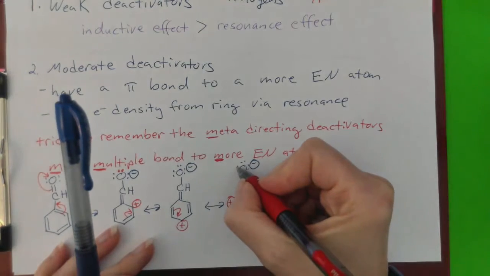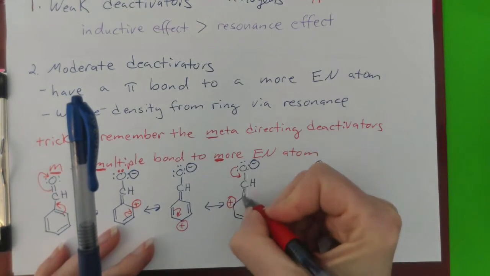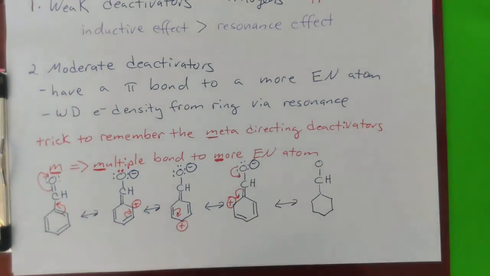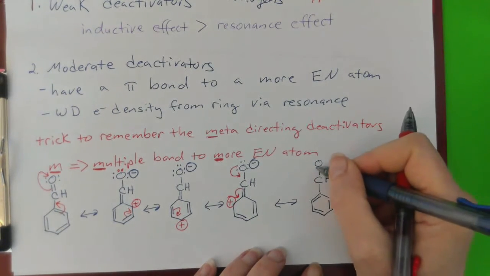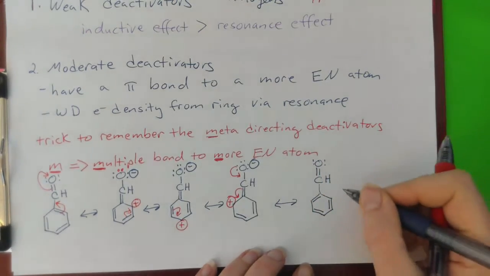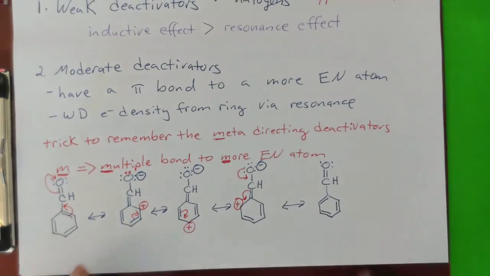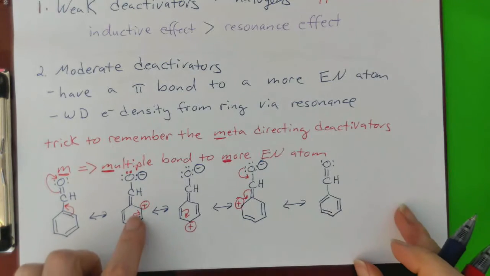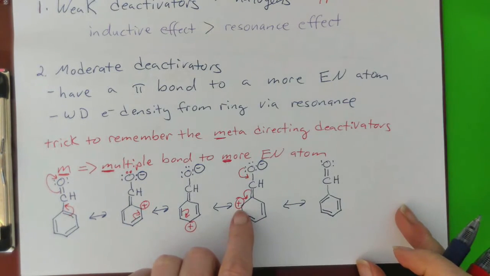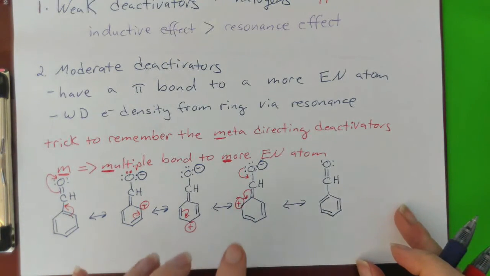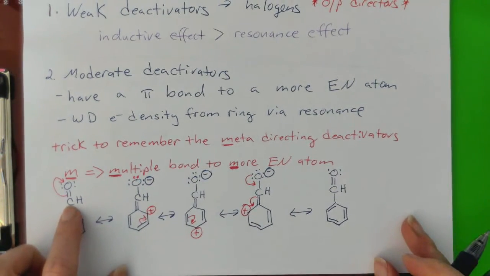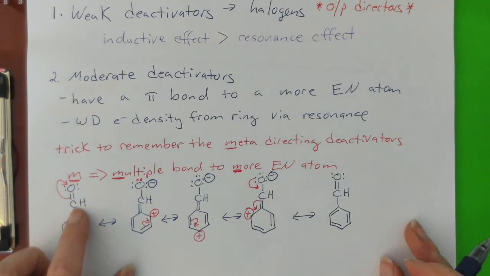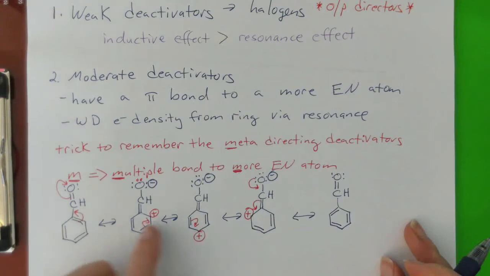And now if I take this back down, boom. Okay, no charge. Good. So notice here, we see plus charges in the ring. So we are withdrawing electron density from the ring thanks to this group here. So the aldehyde here is serving as a deactivator.